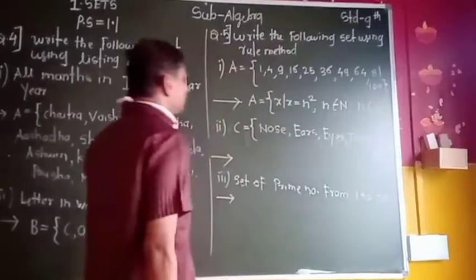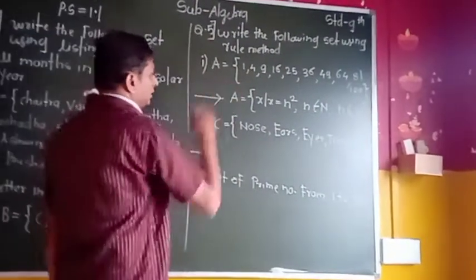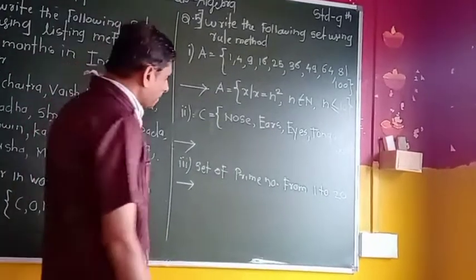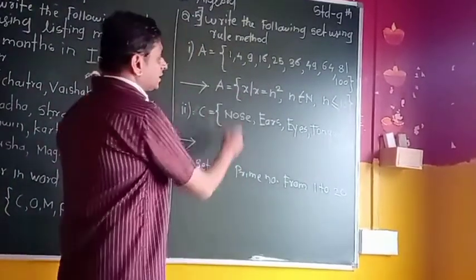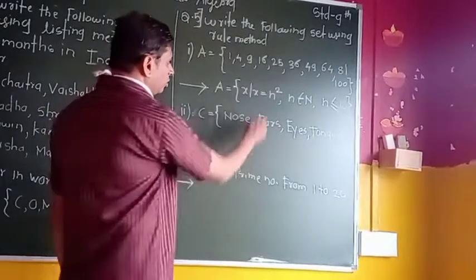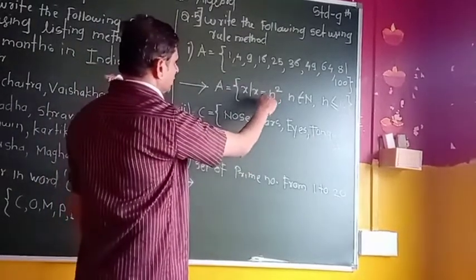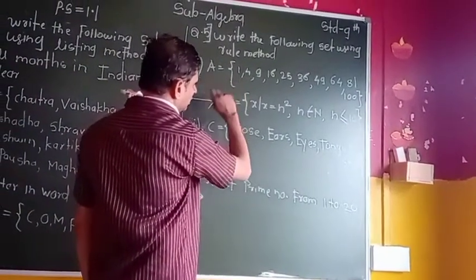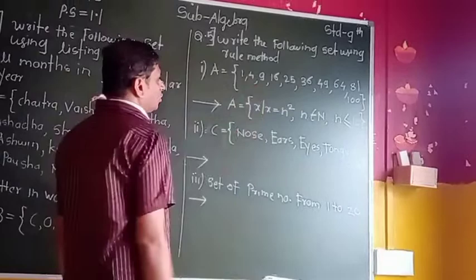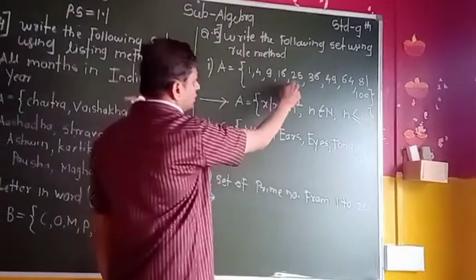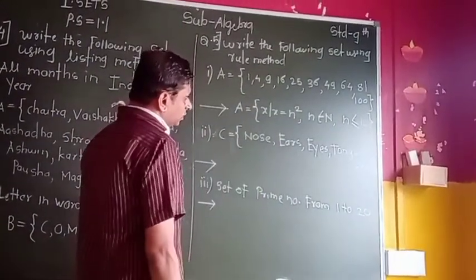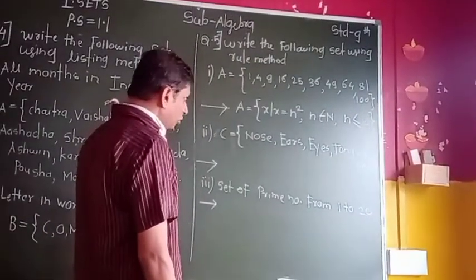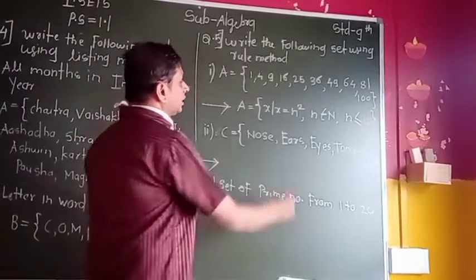Here in set A, x is the element, such that x is a square: 1 square is 1, 2 square is 4, 3 square is 9, 4 square is 16, 5 square is 25, up to 10 square is 100.